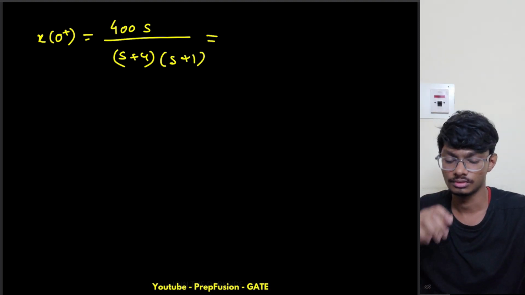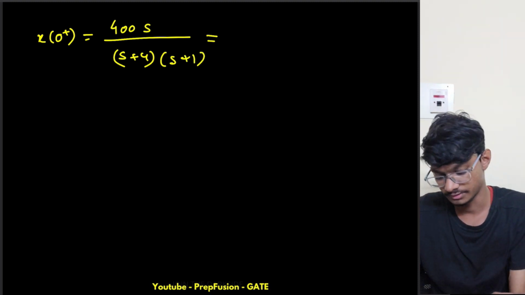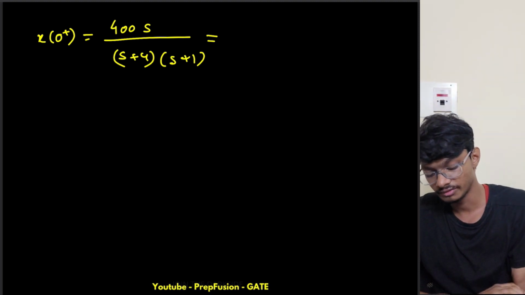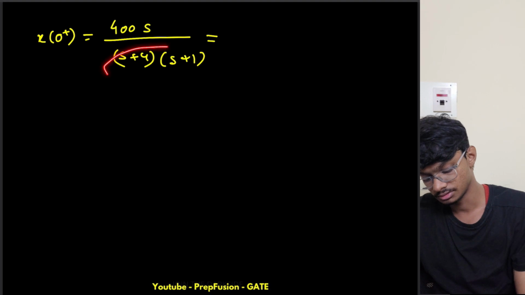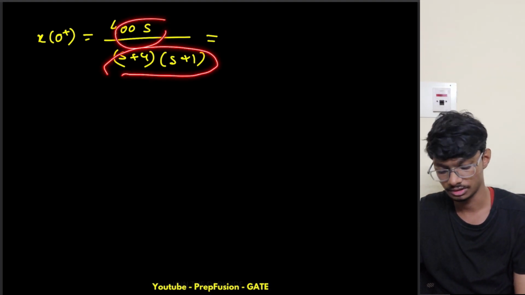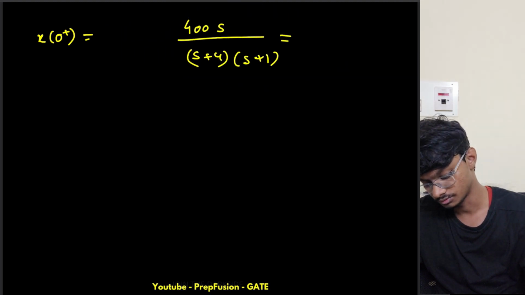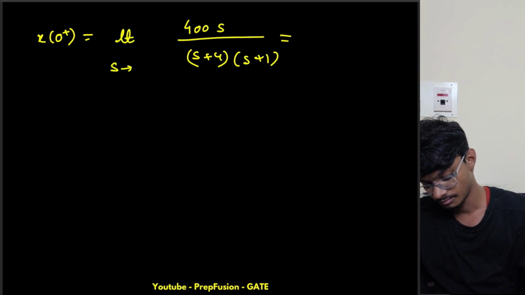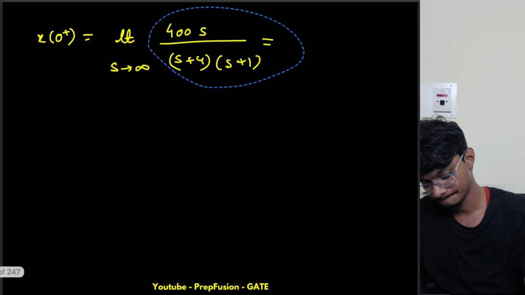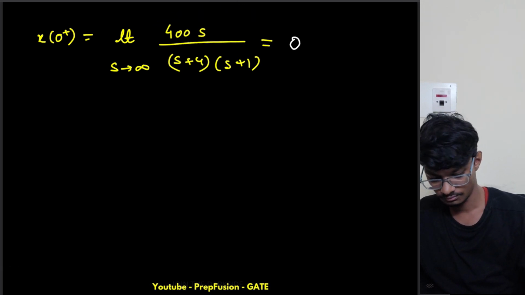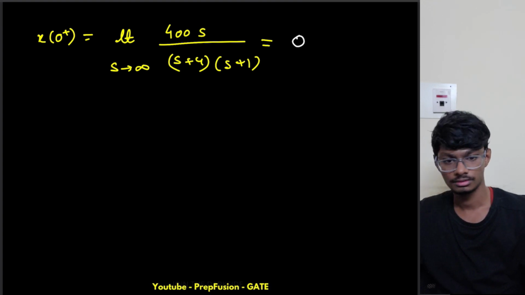So what is this value? If I put infinity over here, the order of the denominator is higher than the numerator, so this will only go to 0.